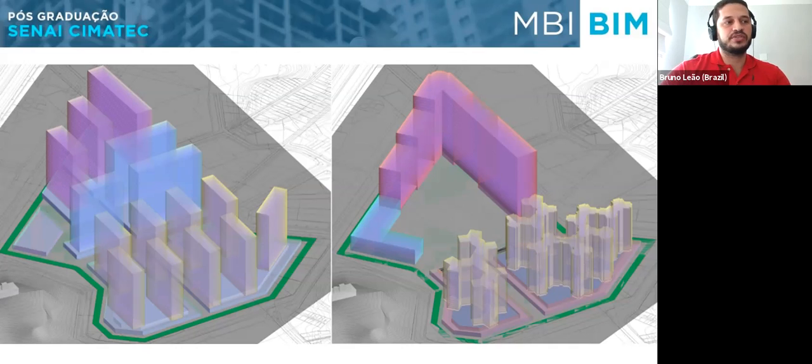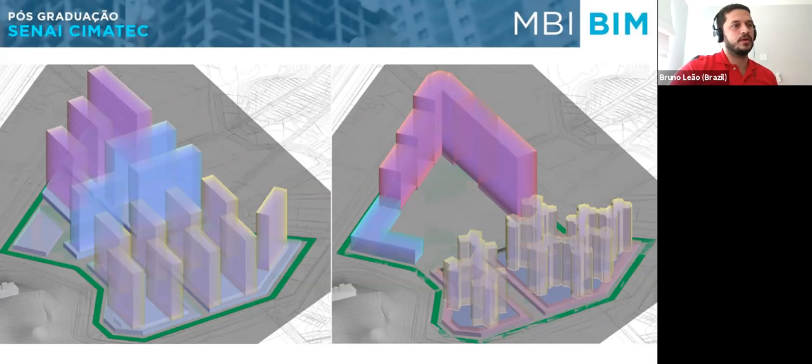So we are trying to define the typology of the building, the implementation, the main area of our building. So the mass model, as an example in Revit, allows us to do this kind of analysis, and it helps us to have this information for cost estimation.